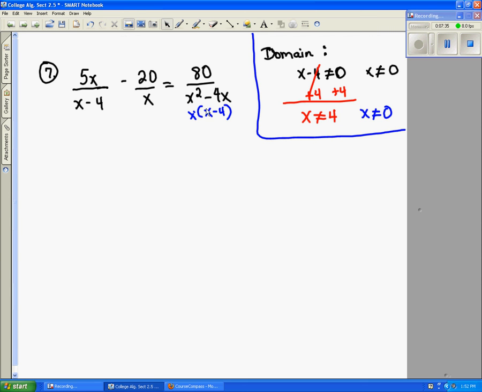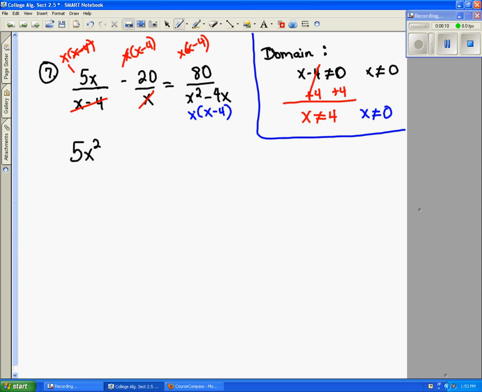Now, the next thing I need to do is to get rid of the fraction. I need to have a common denominator. Well, since this has an x and this has an x minus 4 in it, this becomes my common denominator. So if I multiply everything by x times x minus 4, then this x minus 4 cancels this one, and I'm left with multiplying that to get 5x squared.